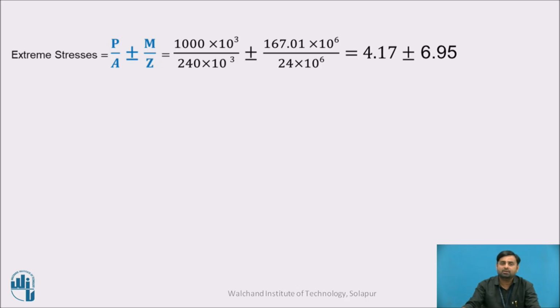For a rectangular section, Z is equal to BD square by 6, so 400 into 600 square divided by 6. If you calculate that, the value is 24 into 10 raised to 6. So the direct stress P by A works out to be 4.17 MPa, Newton per mm square, and the bending stress is 6.95 MPa.